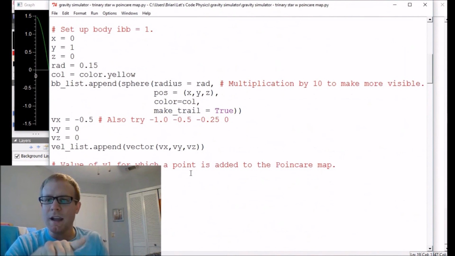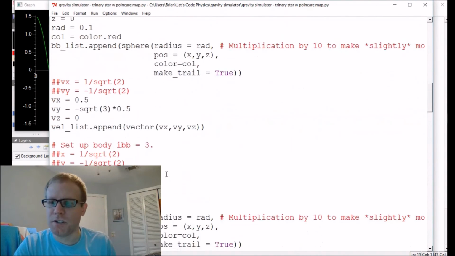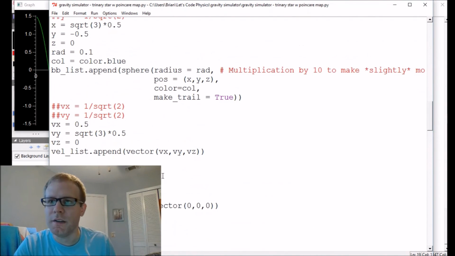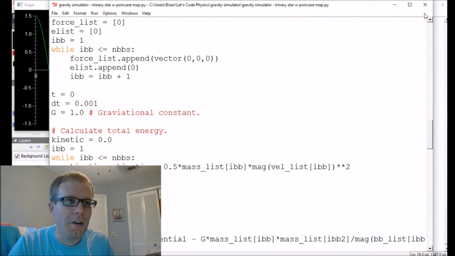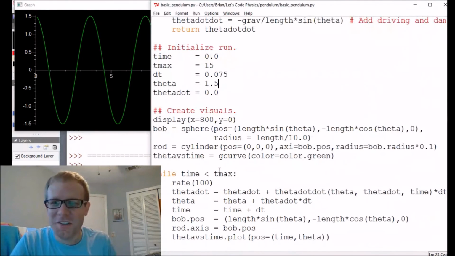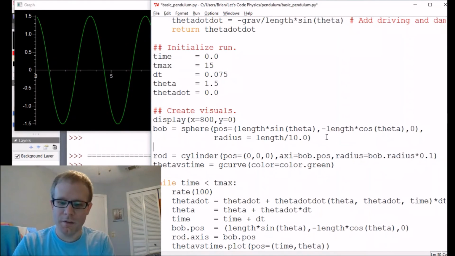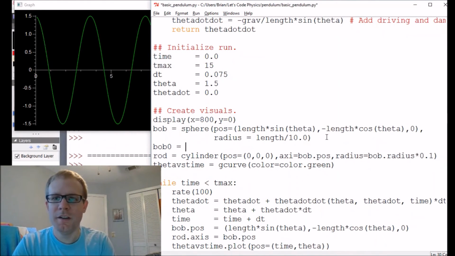It occurs to me I would like to have a reference point for where the original position was. So what I'm going to do is, oops, that is the wrong code. I'm going to duplicate Bob here. So let's call it Bob 0.